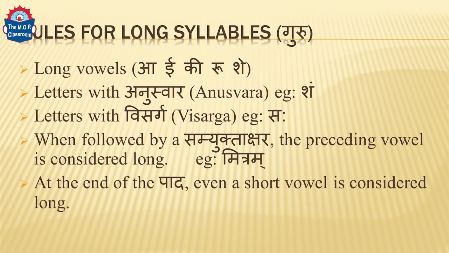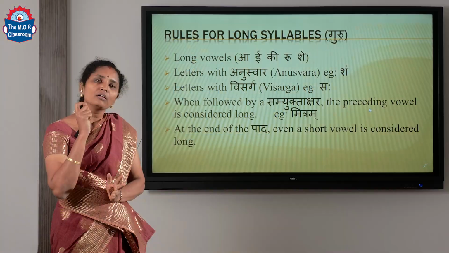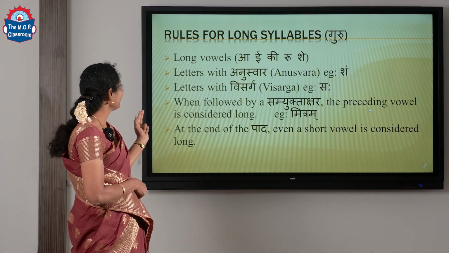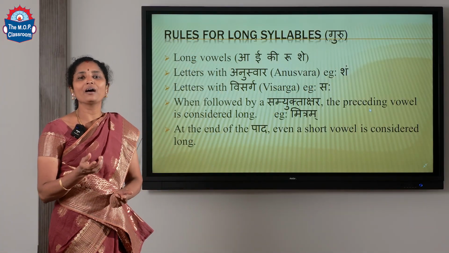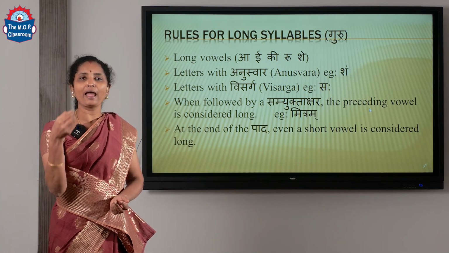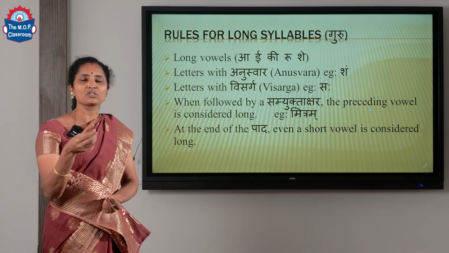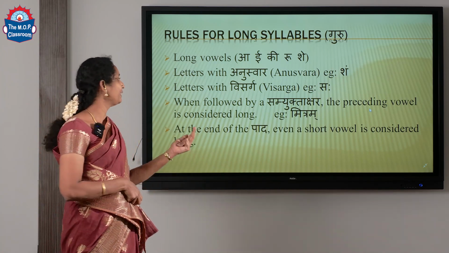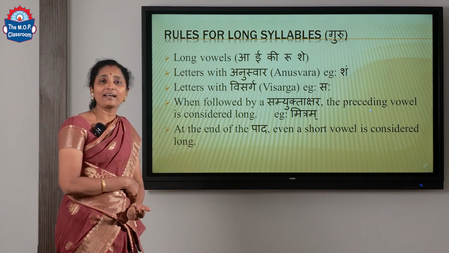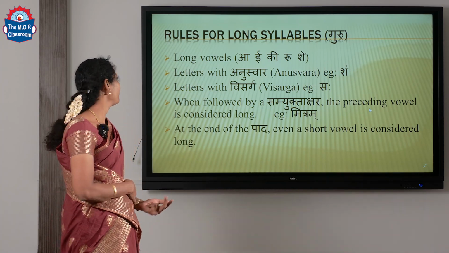Letters with anuswaram, like Sham, Nam, you have to calculate as long syllable. And letters with Visarga, like Ramaha, Krishnaha, at the end we add the Visarga, no? If the syllable is associated with a Visarga, then that should be considered a long syllable.